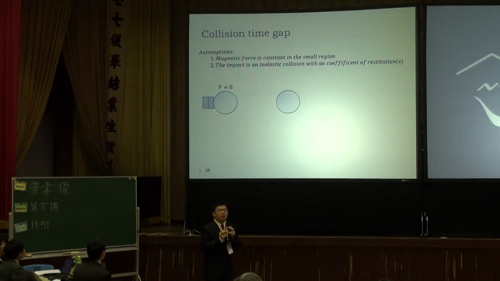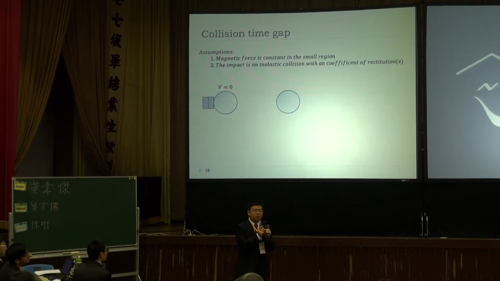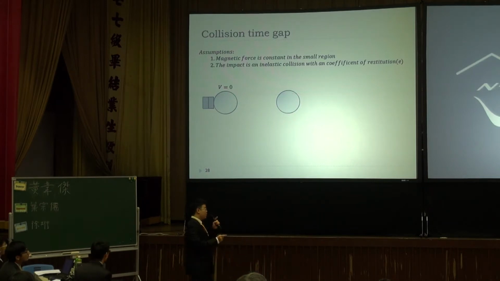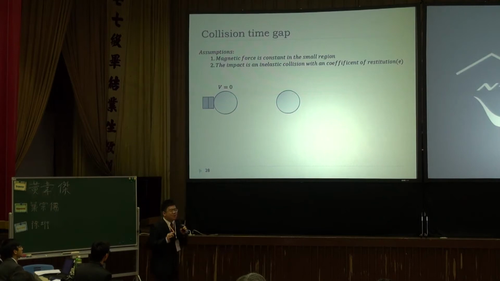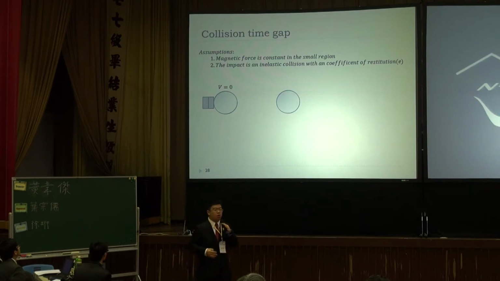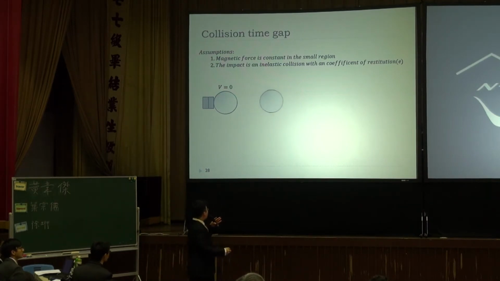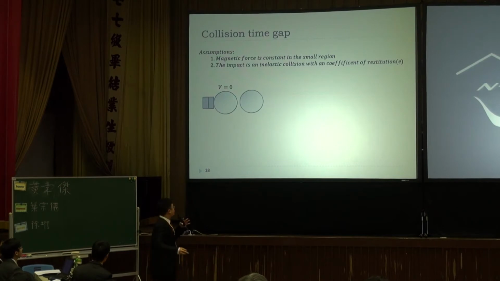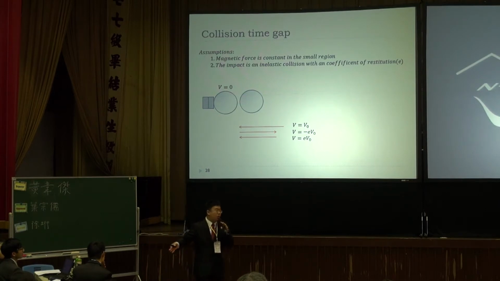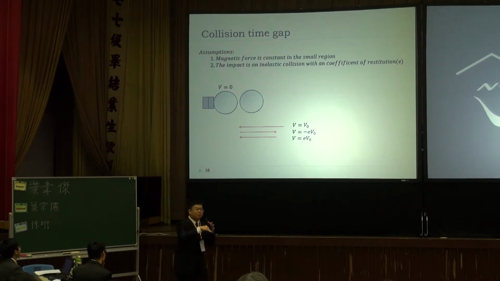First, during the contact, the displacement is really small, so we simplify that the magnetic force is nearly constant. Second, the impact is an inelastic collision with a coefficient of restitution E. This simply gives us the relationship between the velocity at impact and when it leaves. If a ball contacts with impact velocity v0, the leaving velocity will be E times v0, and since the force acting is constant, the velocity coming back will still be v0.